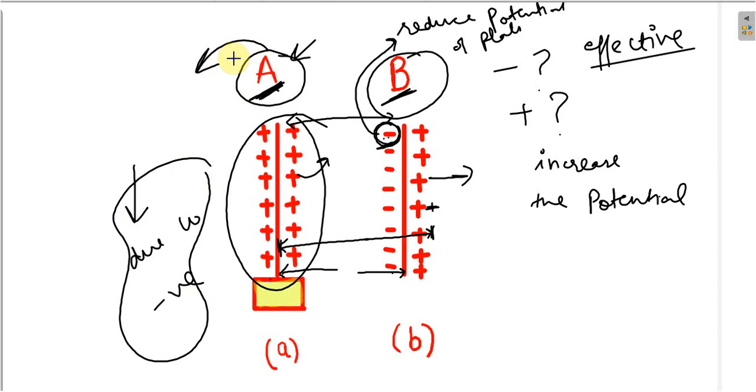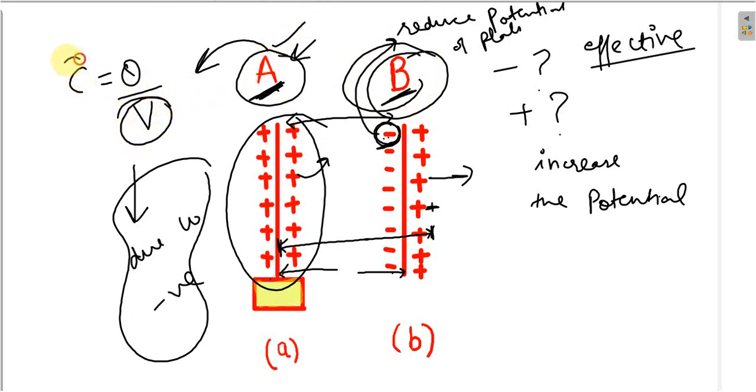By bringing another uncharged metal body near to body A, we can decrease the potential of plate A and increase its capacity. As you know the relation, C is equal to Q by V. By bringing plate B near to A, we reduce the potential and the overall capacity of A is increased. So in this way, if we bring an uncharged body near to body A, its capacity can increase.